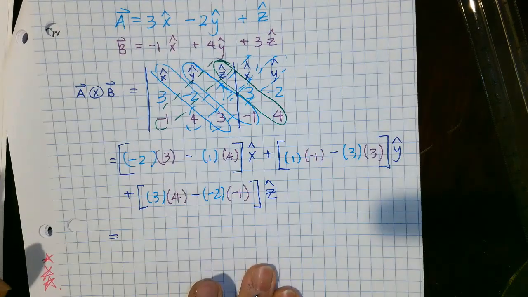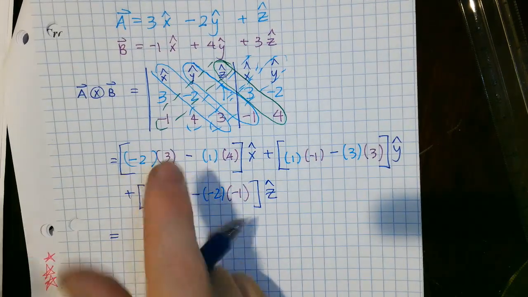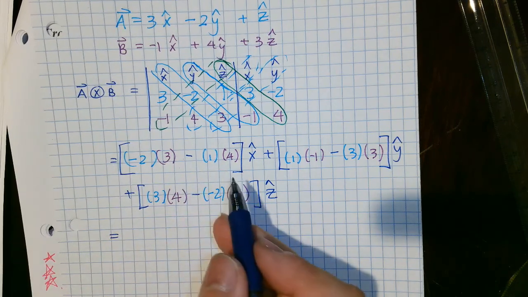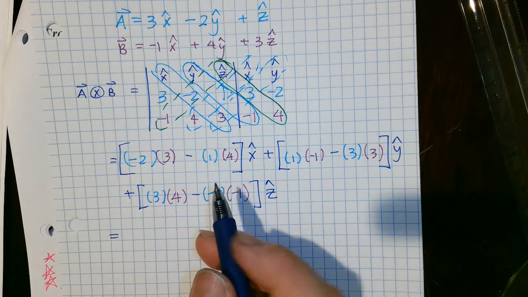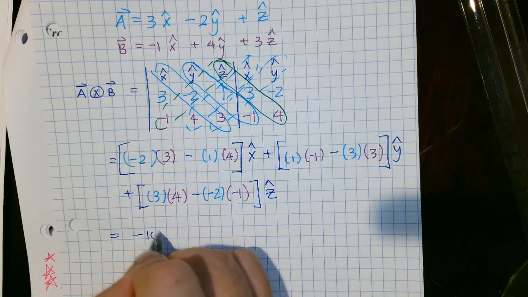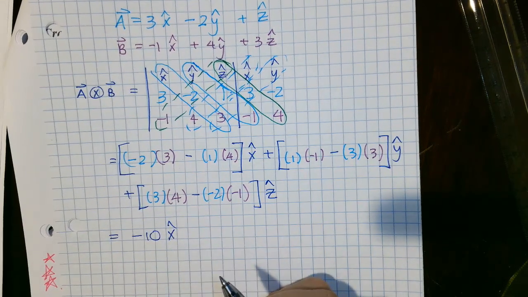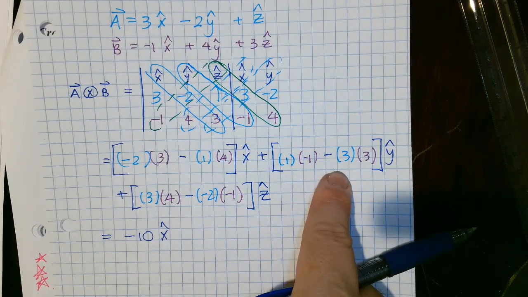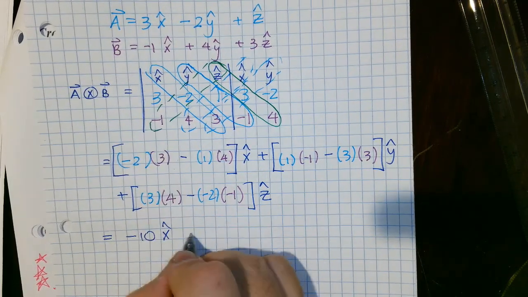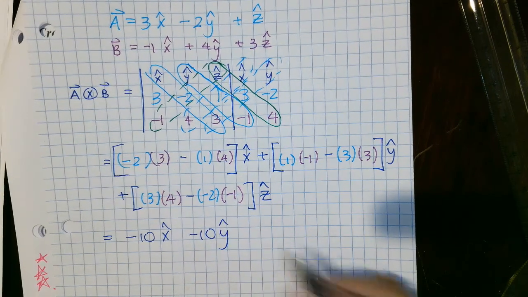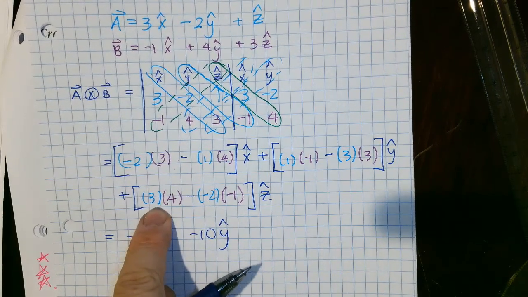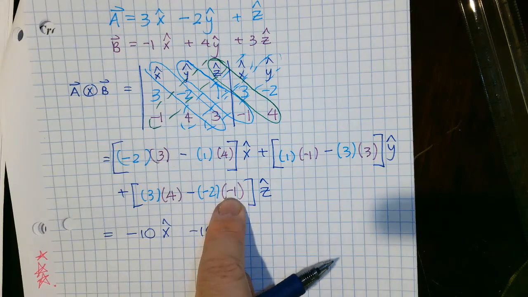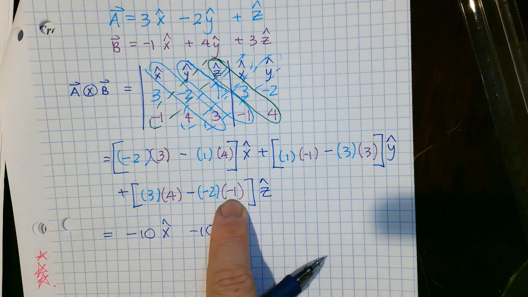So that would be -6 minus 4. So what is that? That looks like -10 x hat. And then you got -1 minus 9, you get negative 10 y hat. Then 12 minus 2. Really? Are they all negatives?